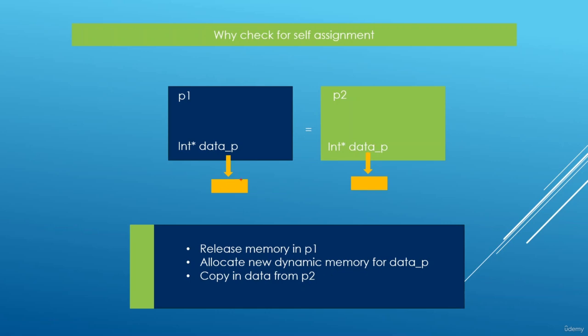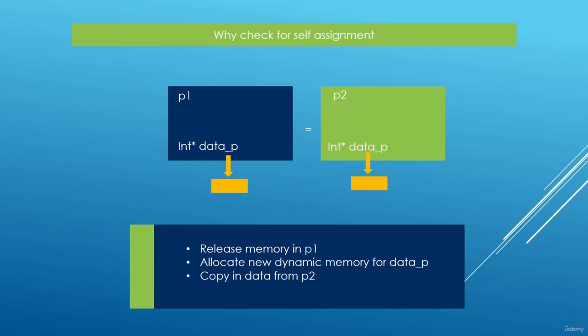So what we're going to do is release the memory we have in p1, and we are going to allocate a new piece of memory for p1. And what we're going to do is copy the value we have in p2. So we're going to grab the value we have in here, and we're going to store that in our new memory location. But notice that we had destroyed what was in p1 and copied over what we had in p2. This is the general flow.